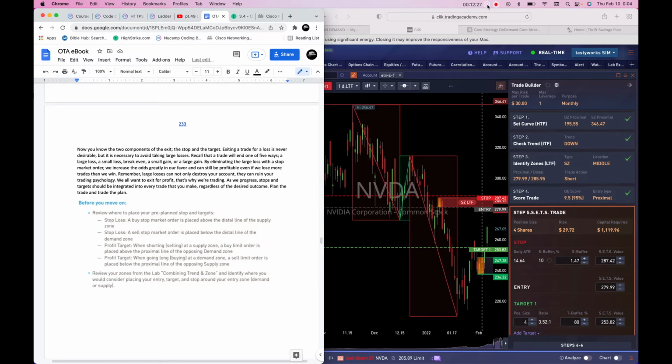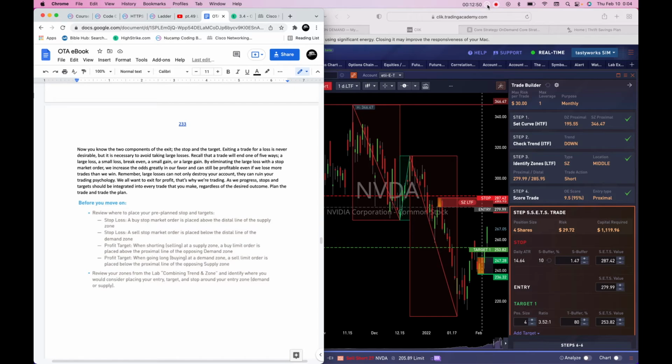Exiting a trade for a loss is never desirable, but it is necessary to avoid taking larger losses. Recall that a trade will end one of 5 ways: a large loss, a small loss, break even, a small gain, or a large gain.